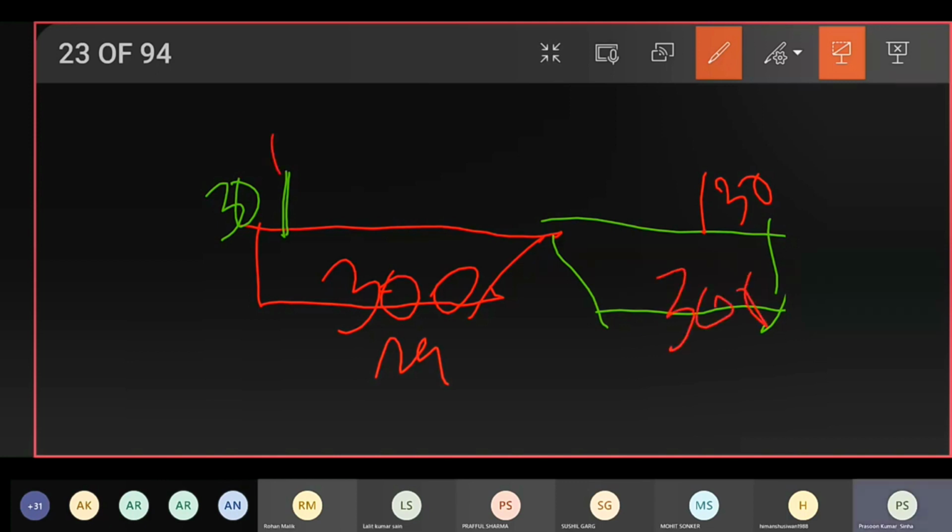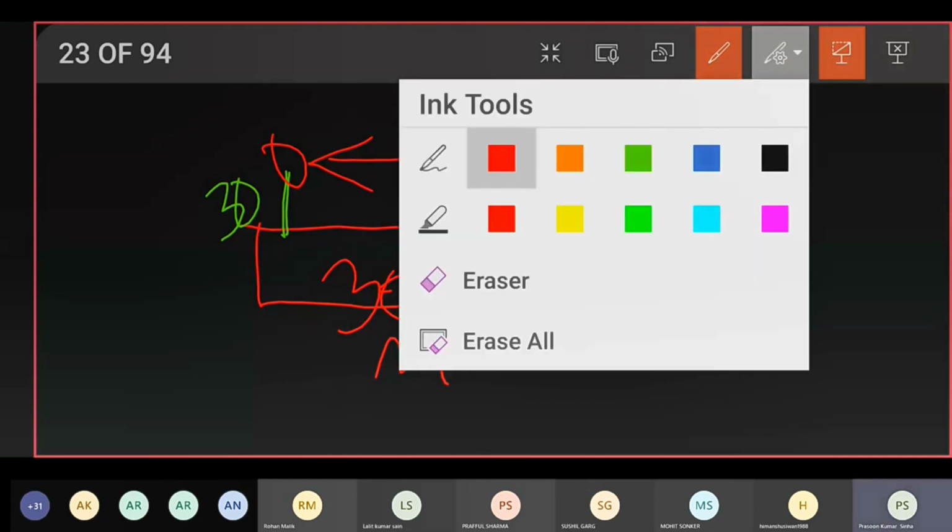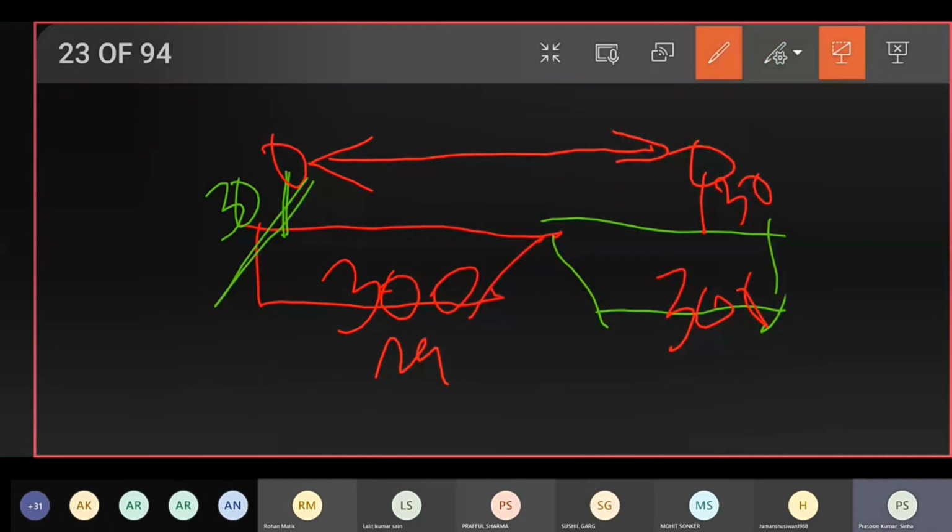So position wise, what is the distance between the two antennas, I mean the two ships? 270 this side, 270 that side. That means 540 meters. That means the two ships are separated by more than half a kilometer, still they are colliding.